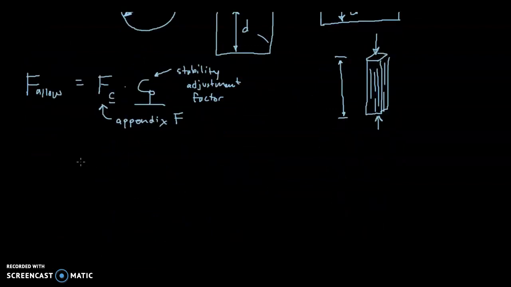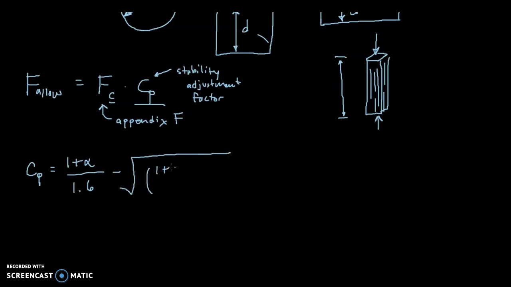So we need to calculate the stability adjustment factor. It's not something we can just look up. And it's kind of a complicated equation. The stability adjustment factor is equal to (1 plus alpha) divided by 1.6, minus the square root of ((1 plus alpha) divided by 1.6) squared, minus alpha over 0.8.